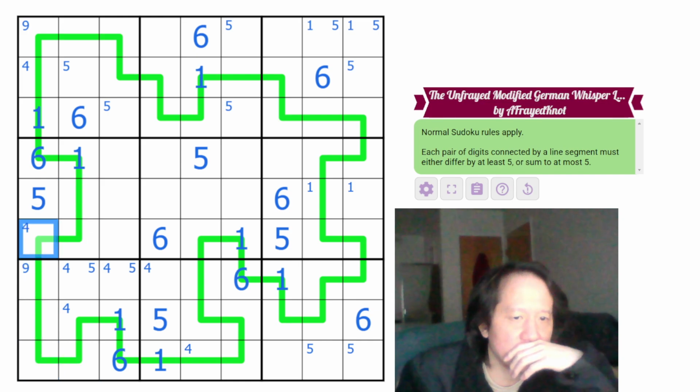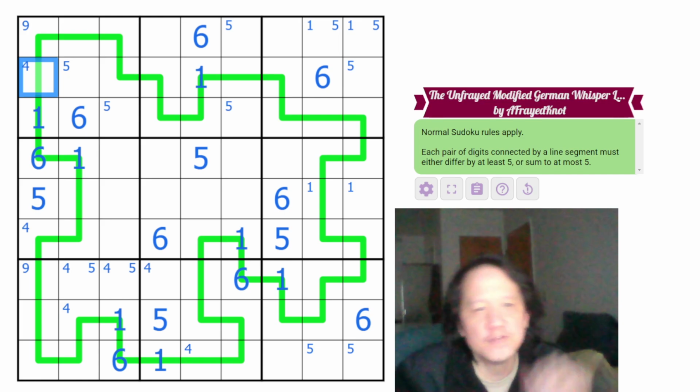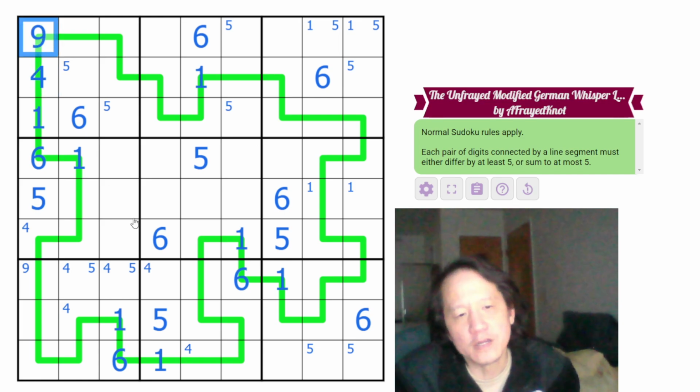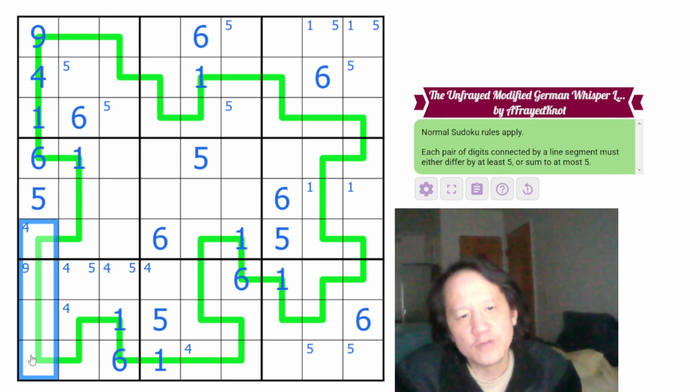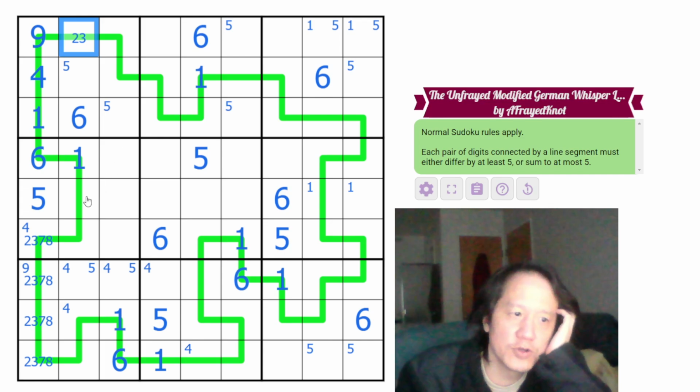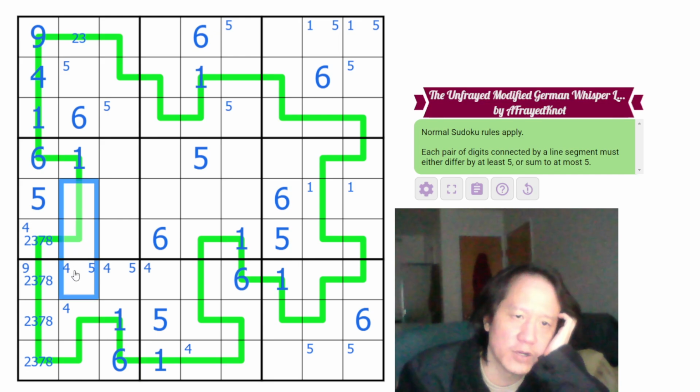That's if these two are 4 and 9. If this one is 4 and 9, you'd have to have some combination of 2, 3, 7, or 8 here. This would be 2 or 3. So this could not be 2 and 3 with 2 and 3. One of these has to be a high. Actually, yeah, either way, there has to be a low here. Oh, that's interesting.